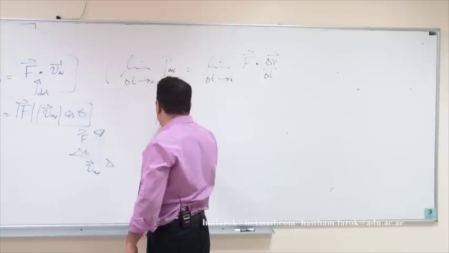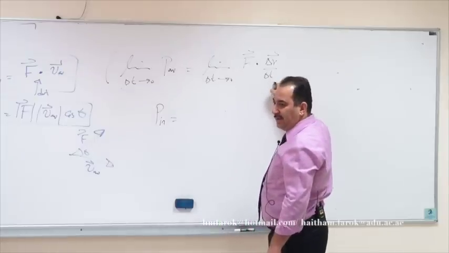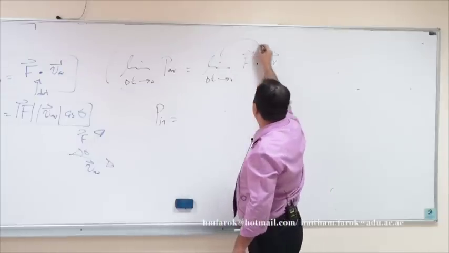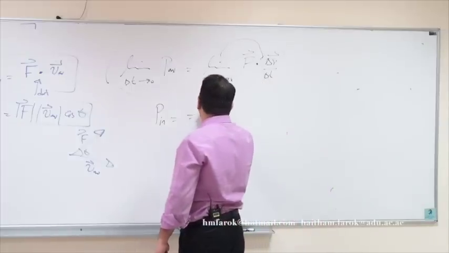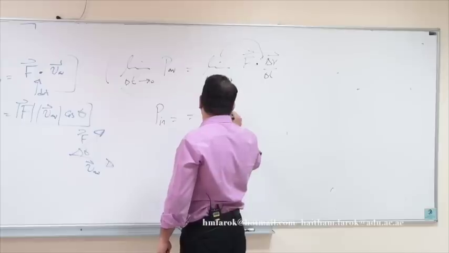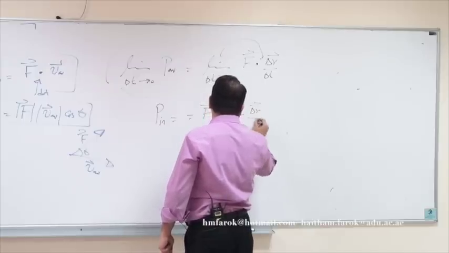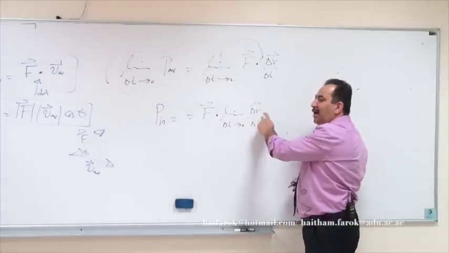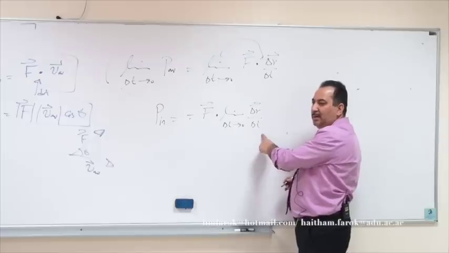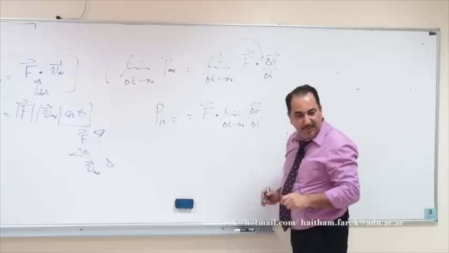So power instantaneous equals... does the limit apply to F or to delta R over delta T? Delta R, because the time is here. So F is out. You have F dot the limit as delta T approaches 0 of delta R over delta T. What's the limit of delta R over delta T? This is average velocity. When you take the limit, it becomes instantaneous velocity.